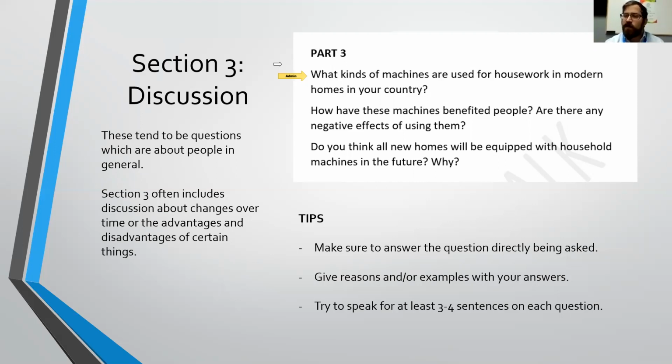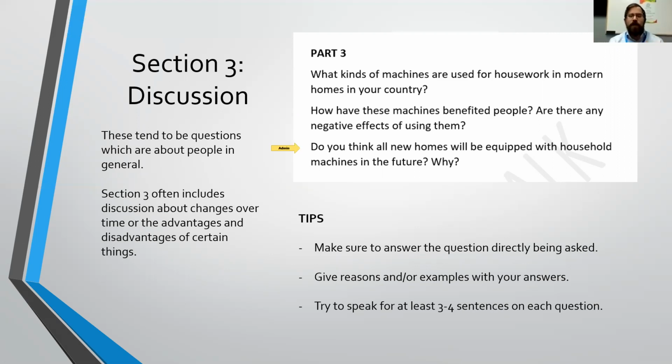What kinds of machines are used for housework in modern homes in your country? That would be the first question you would get asked. And then once you answered that, they would continue asking further questions about the topic. How have these machines benefited people? Are there any negative effects of using them? And finally, do you think all new homes will be equipped with household machines in the future?